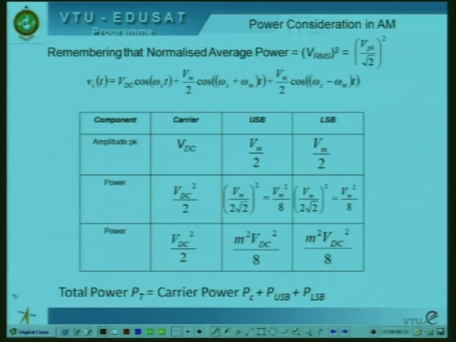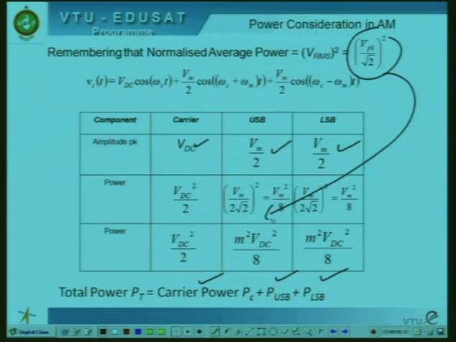Using this simple formula, we can now find out the total power of the carrier. The total power PT is given by the carrier power, the power of the upper sideband, and the power of the lower sideband. All three we can compute, because we know the amplitudes of the carrier signal VDC, the upper sideband and the lower sideband. It is going to be VDC square by 2, m square VDC square by 8, and m square VDC square by 8.